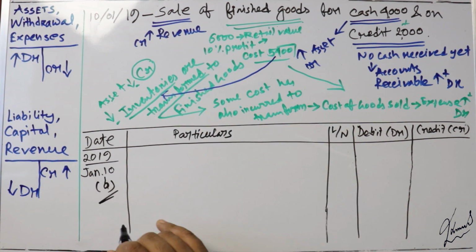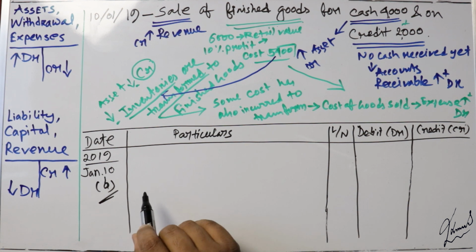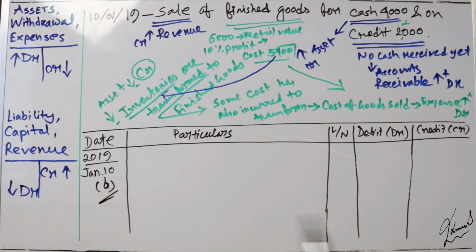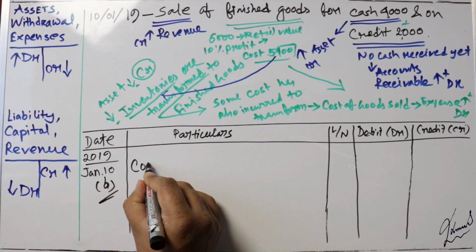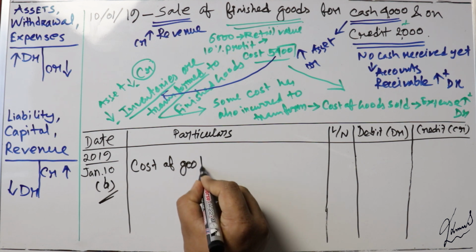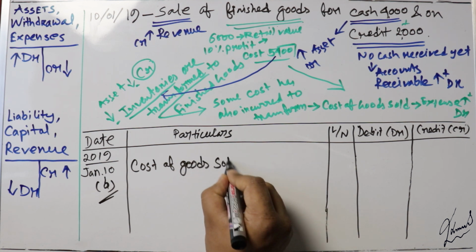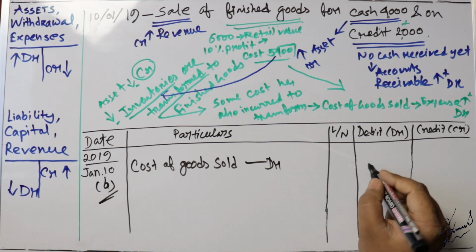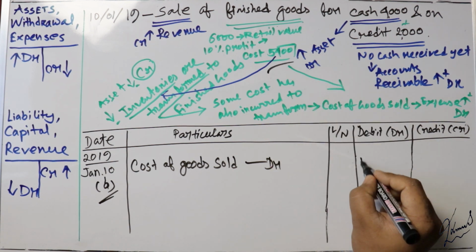So here we write the second journal entry: cost of goods sold debit to inventories credit. First of all, cost of goods sold is the debit account, and the amount is 5,400 after deducting the profit margin.